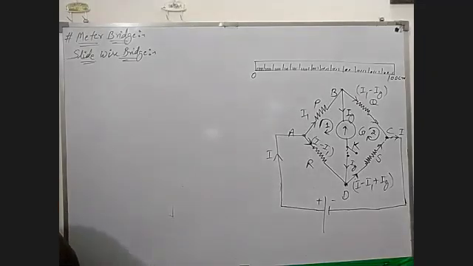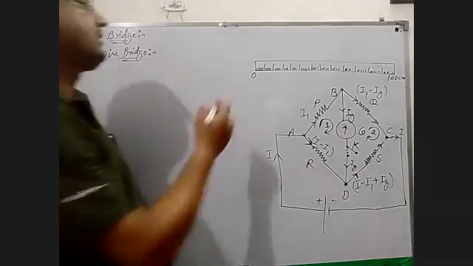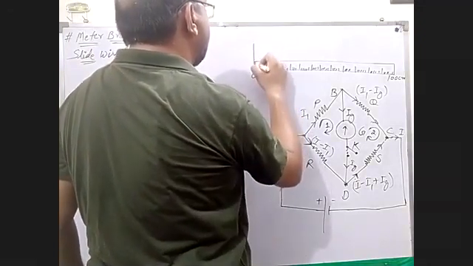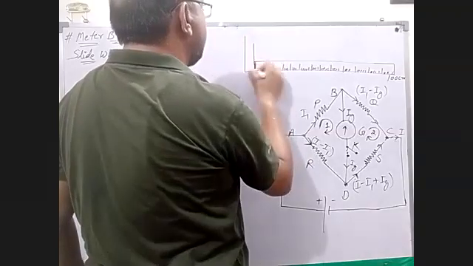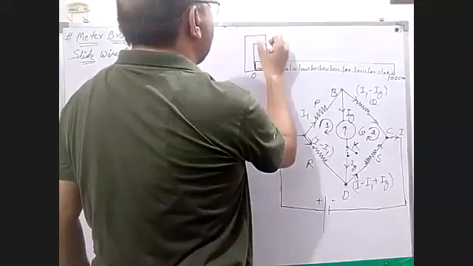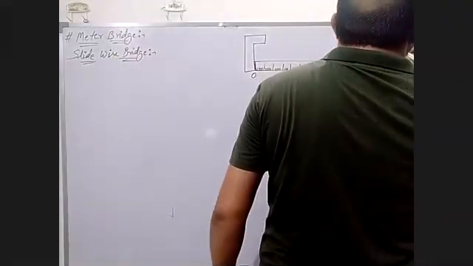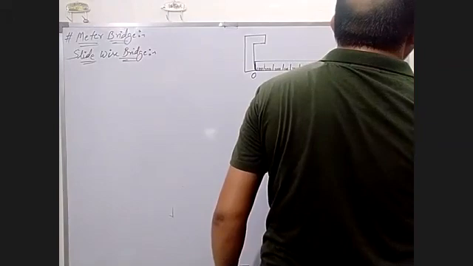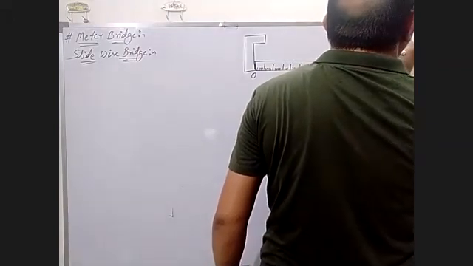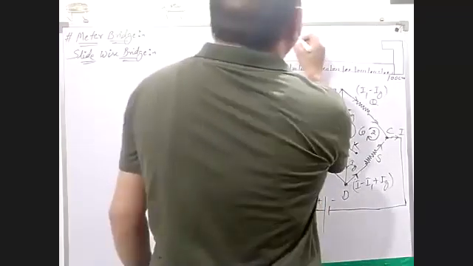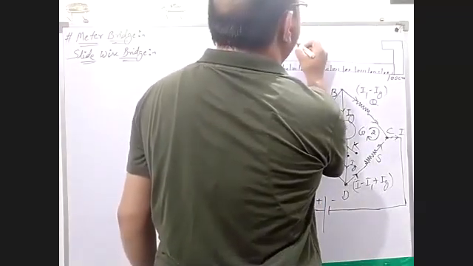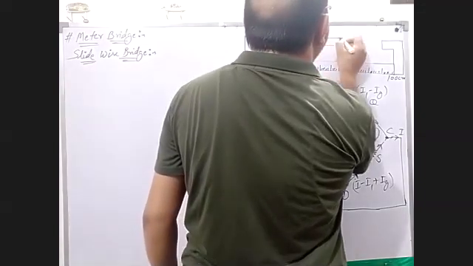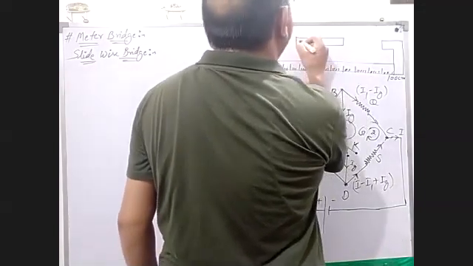Now there is a strip like this. In this way, another strip is there.